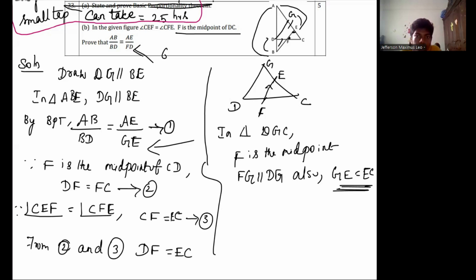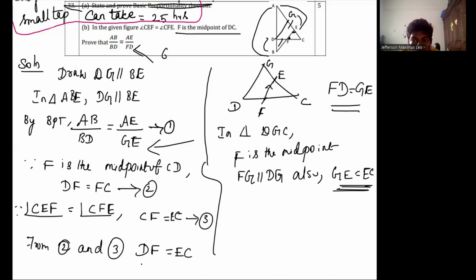Already we have AB by BD. The left side is okay, AE is okay. So FD is equal to GE; if you say that, the sum is complete. Okay, ma'am. GE is equal to EC. Is the sum complete or not? GE is equal to EC.